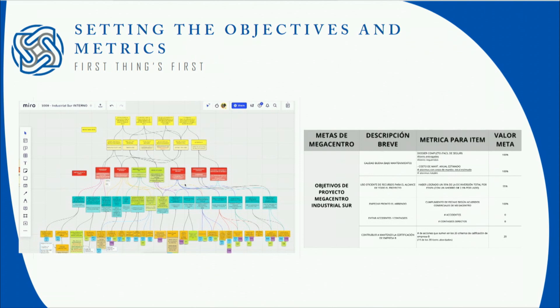And by this, we defined what the client objective was in a measured way. Okay? And then, only then, we managed to set the project objectives. Of course, time and budget, always, right? But what else?